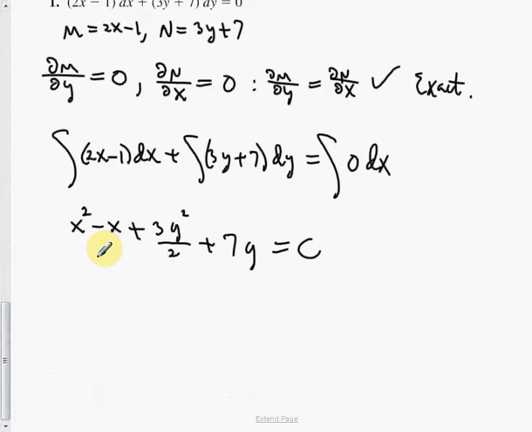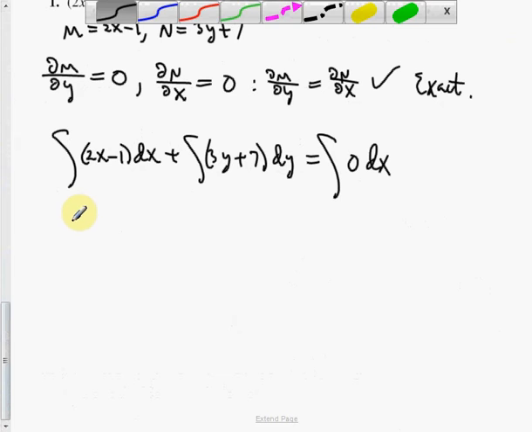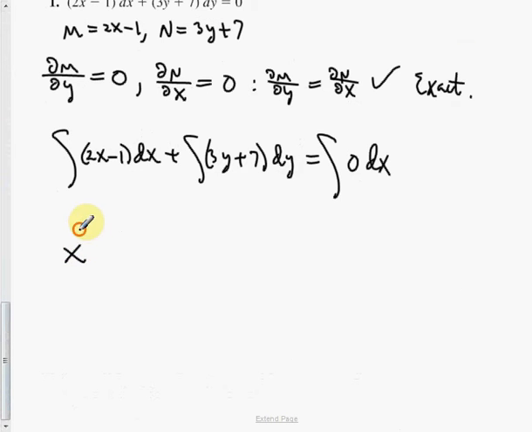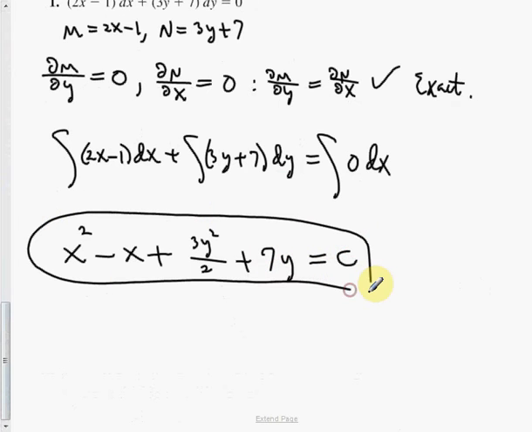There's nothing repeating. x squared minus x plus 3y squared over 2 plus 7y equal to C. There's no repeat. That's the answer.